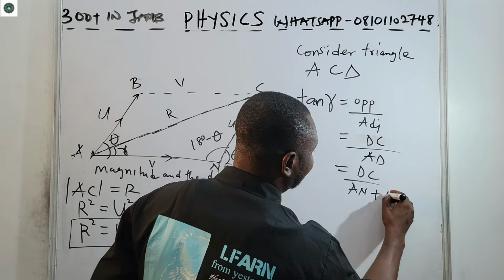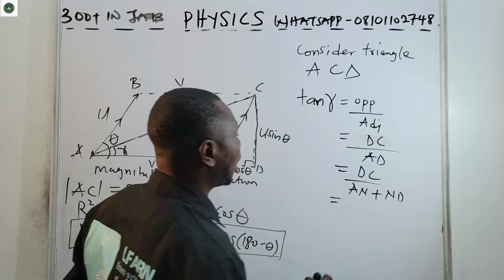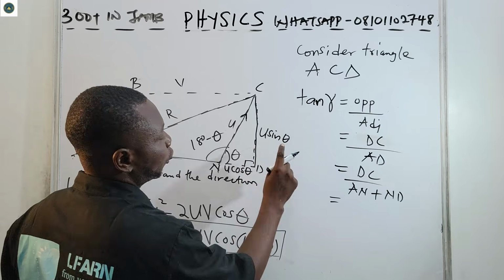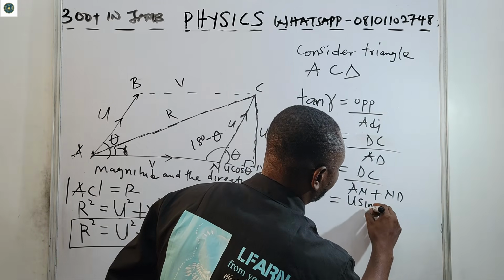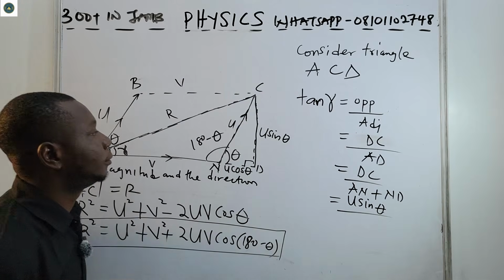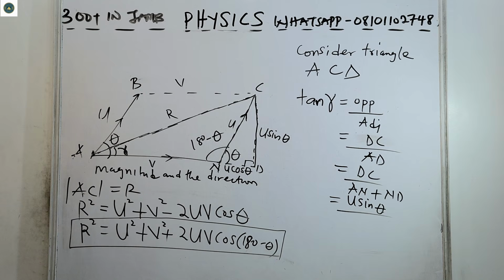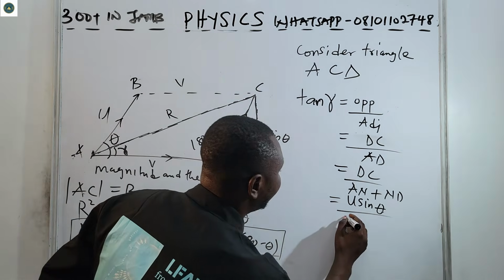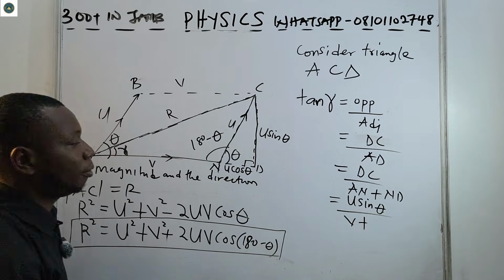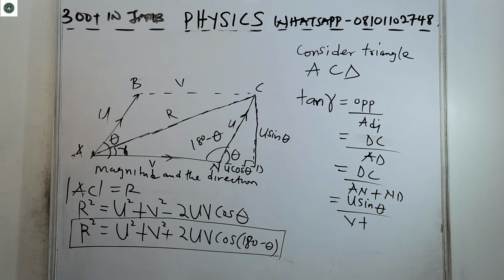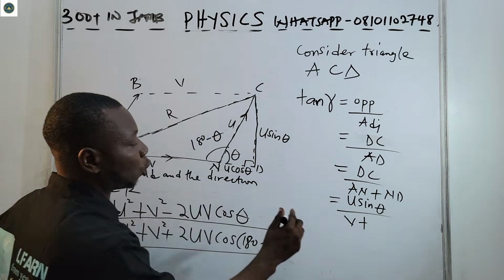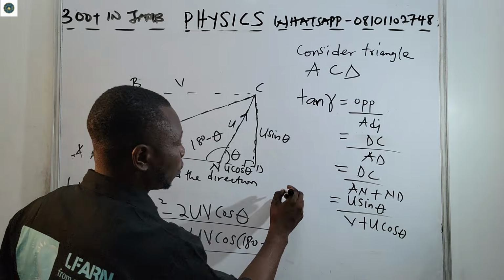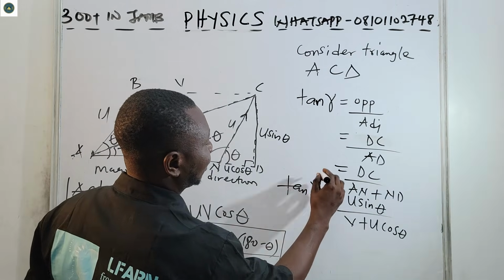Now, DC is U sine theta. What is AN? AN is V. So you place your V plus ND. What is ND? ND is U cos theta. So we now have tan gamma.